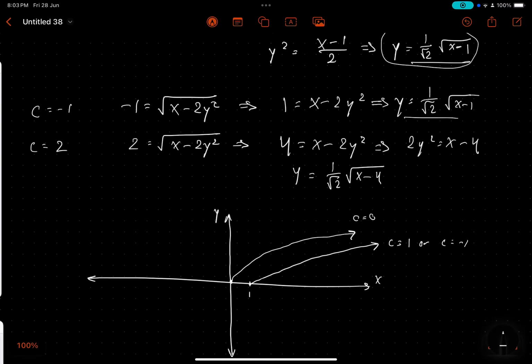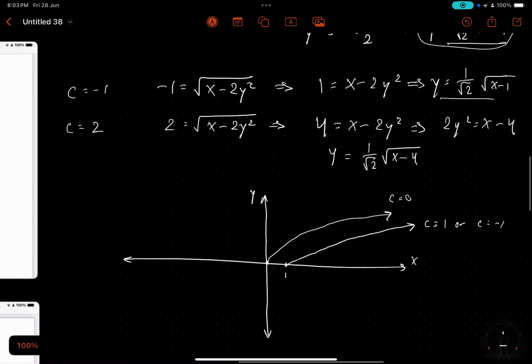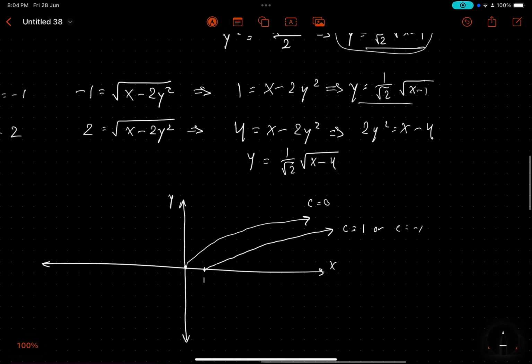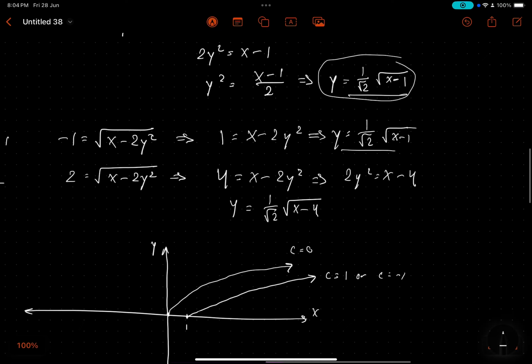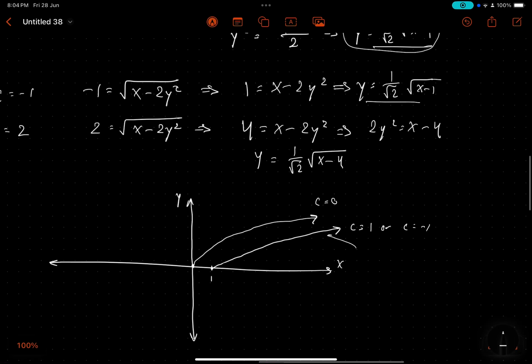If we intersect the graph in the xy plane, at z equals 0, we get the square root function multiplied by a constant. And if we intersect the function at c equals 1 or c equals negative 1, we get this curve.